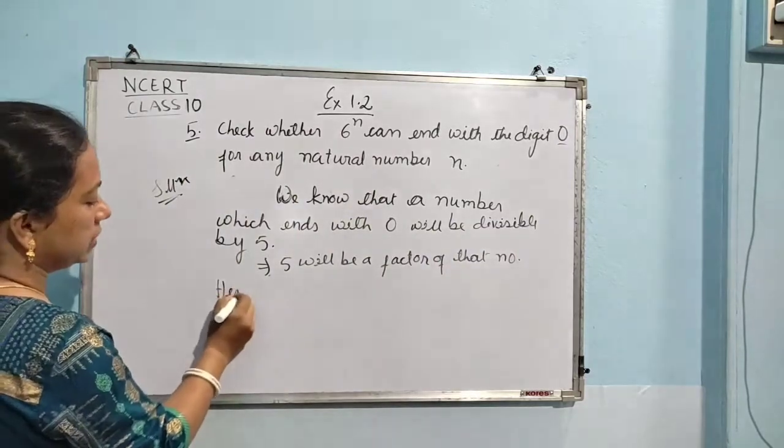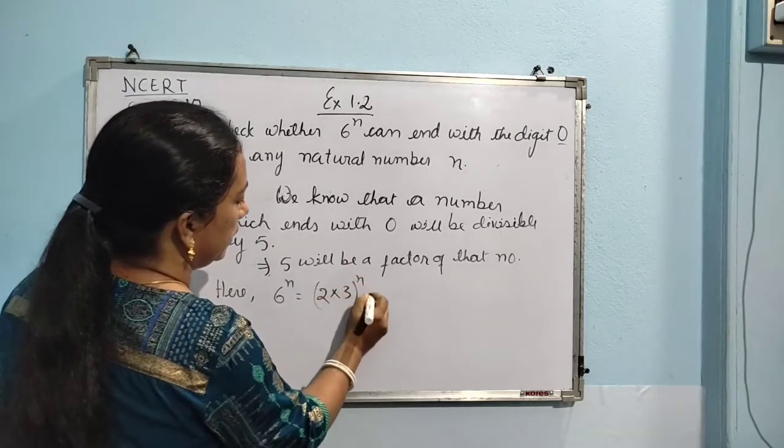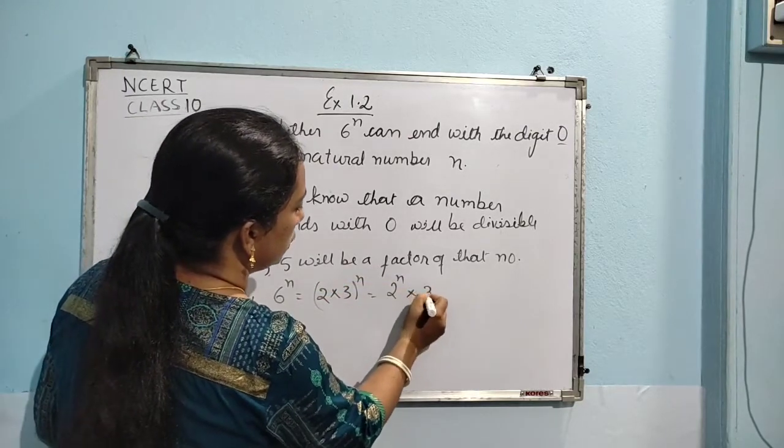But here what is happening? 6 to the power of n is equal to 2 into 3 to the power of n, that is equal to 2 to the power of n into 3 to the power of n.